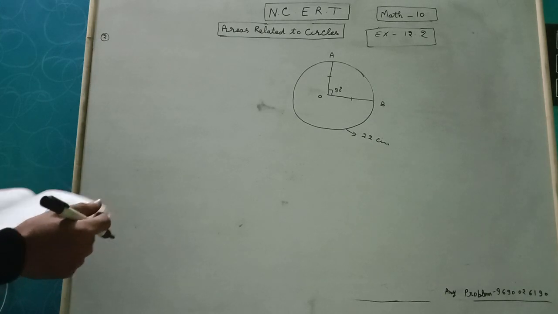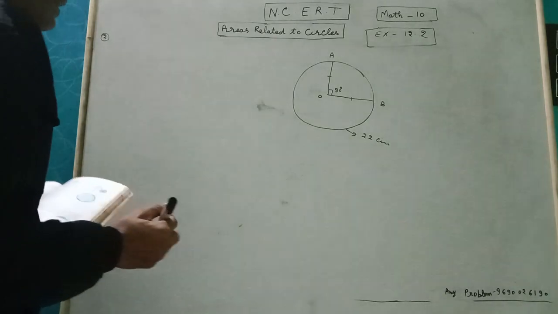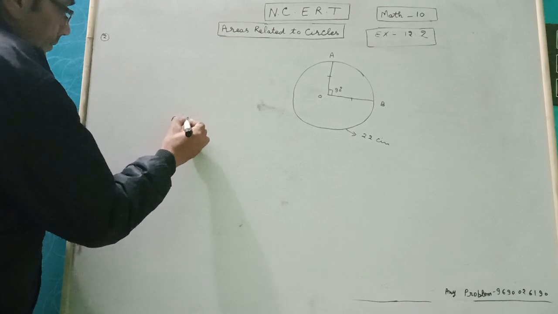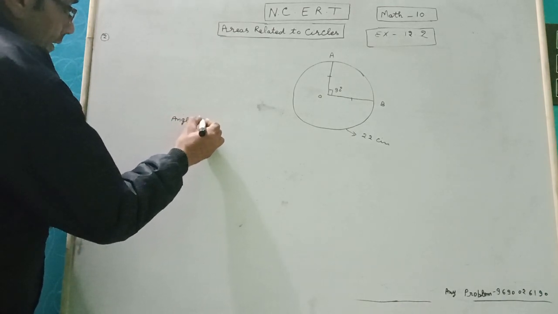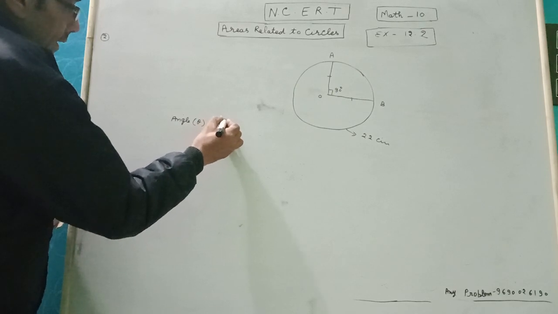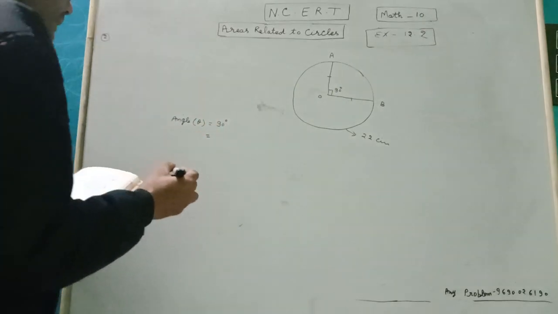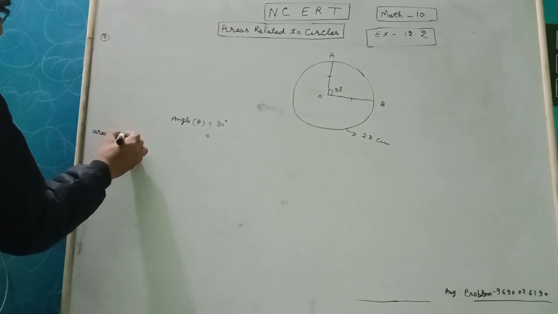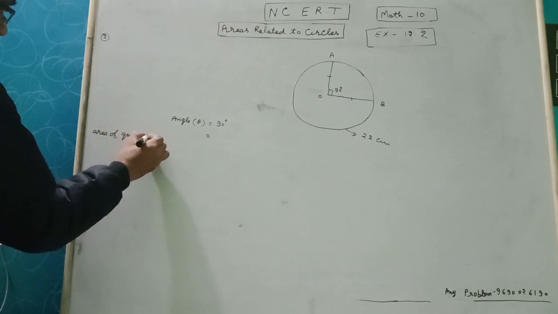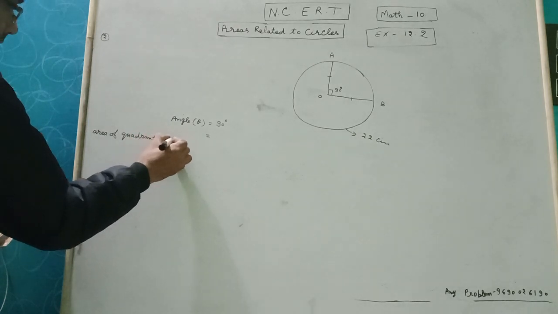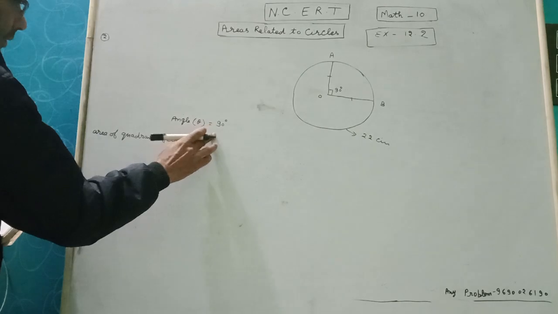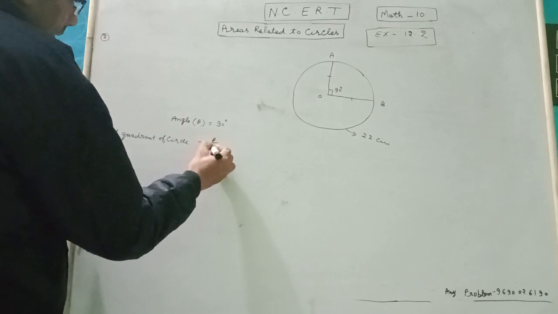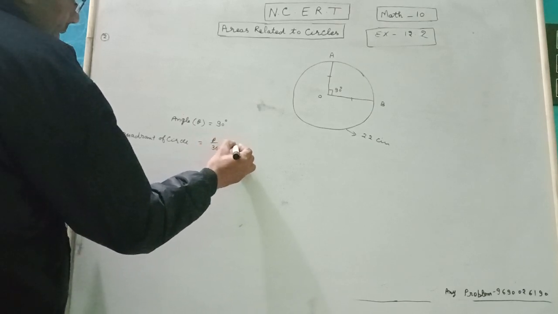To find the area of the quadrant, we have angle theta equal to 90 degrees. The formula for the quadrant of a circle is theta upon 360 pi r square.